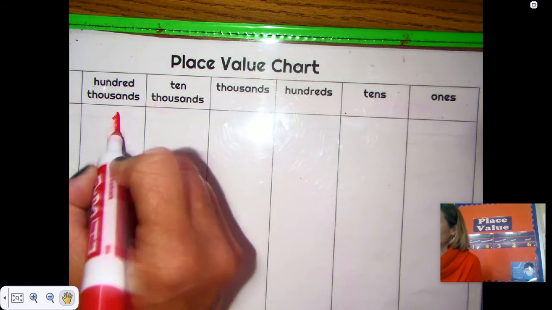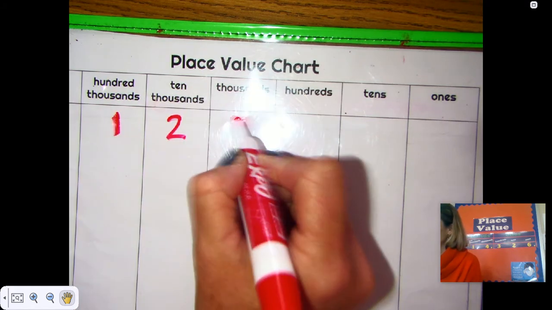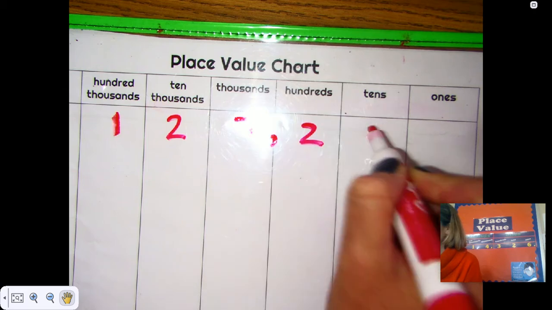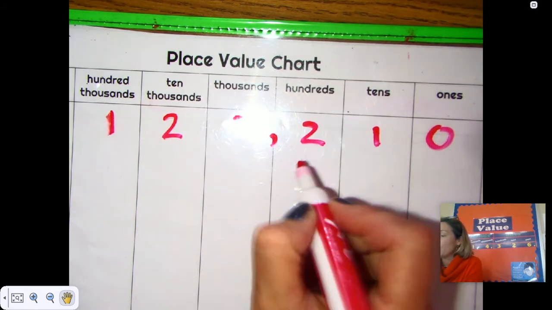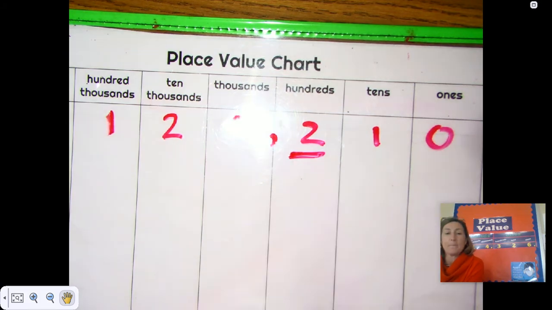So if we had a number like this, for instance, and it said round your number to the nearest hundreds, we would know that we would underline the number in the hundreds place, and then we would round from there.